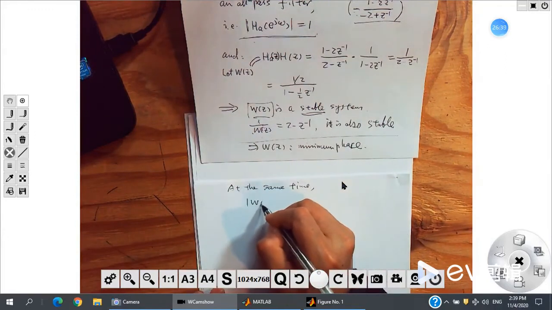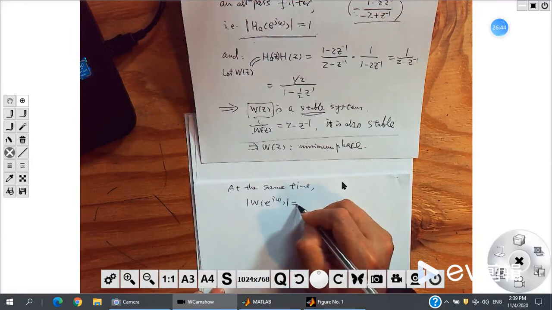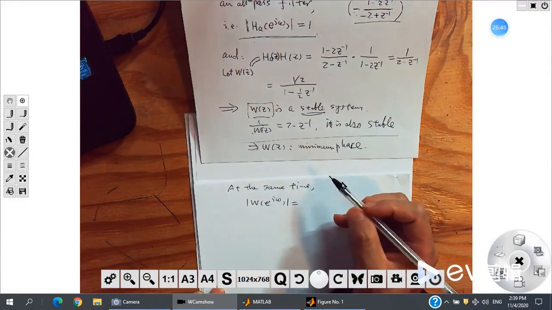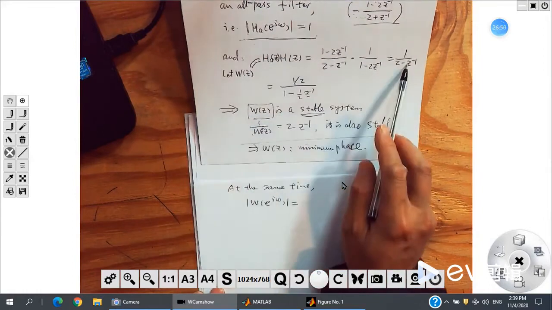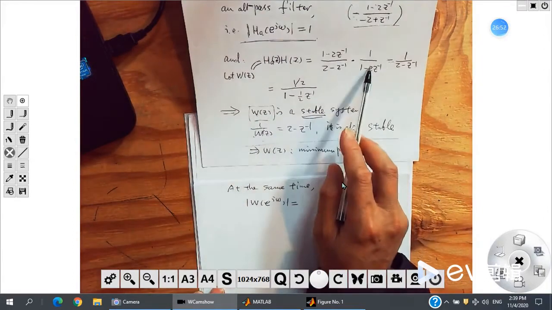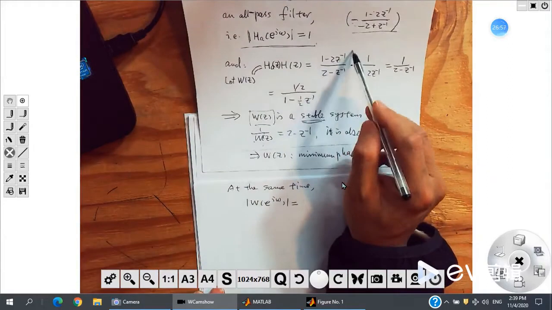The magnitude of W of e to the j omega is equal to H times this one. It is this one times this one. But this is all-pass. So when you take the magnitude, this is 1.